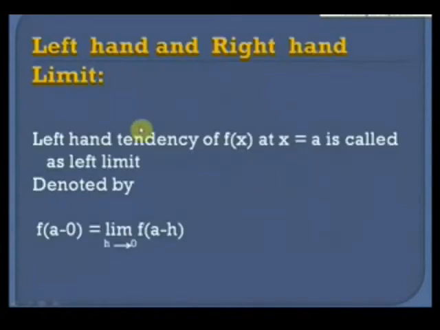Now let's try to understand what is left hand and right hand limit. The left hand tendency of f(x) at x equal to a is called the left limit, and it is denoted by f(a minus 0) equal to limit h tends to 0 of f(a minus h).